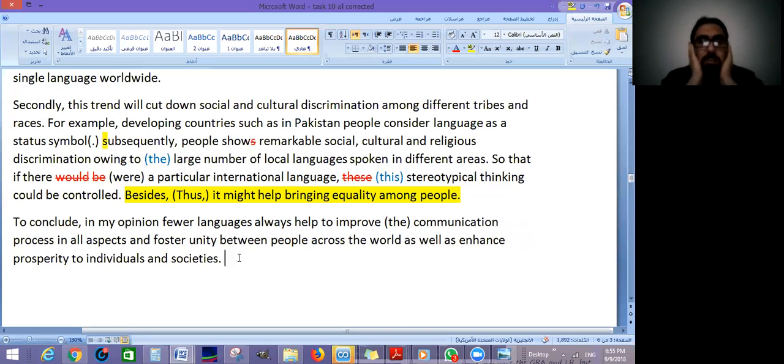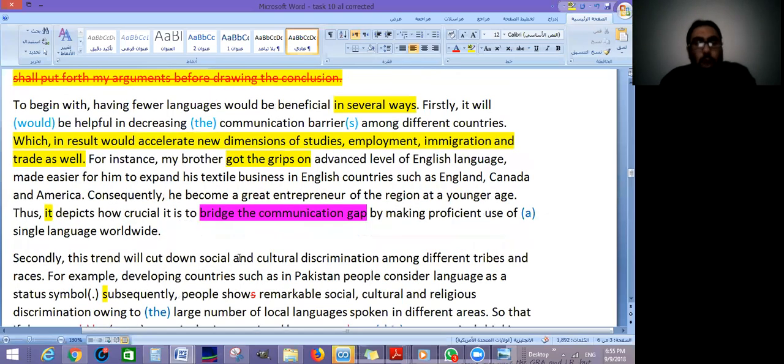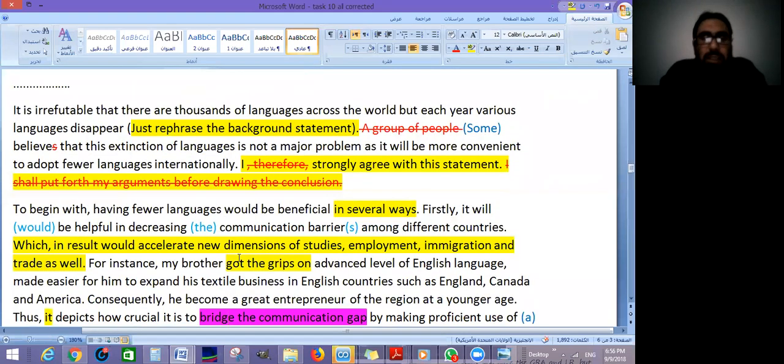I did bring up points here and there with this essay, but I like this essay a little bit more, even though I did have some problems with it, because this essay was one of those essays that, you know, she took one position that having fewer languages is positive, and she stayed with this from top to bottom.